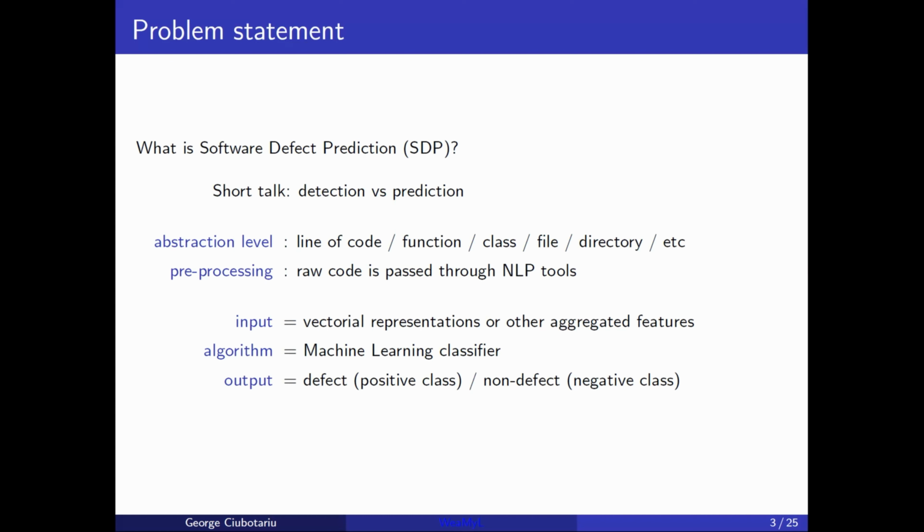So mainly what we are focusing on is the pre-processing of the text or the code itself. Machine learning algorithms usually cannot process raw chunks of code, so we need NLP tools for transforming the code into a vector representation or extracting aggregated features, which we can talk about a little bit later.